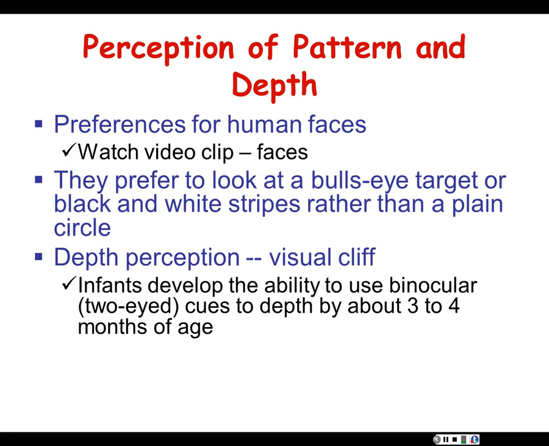And so we have this classic study called the visual cliff, where they have a baby up on a table with a pattern. There's a checkerboard pattern across the table. But that last half of the table is actually clear plexiglass. But then the pattern continues down on the floor.